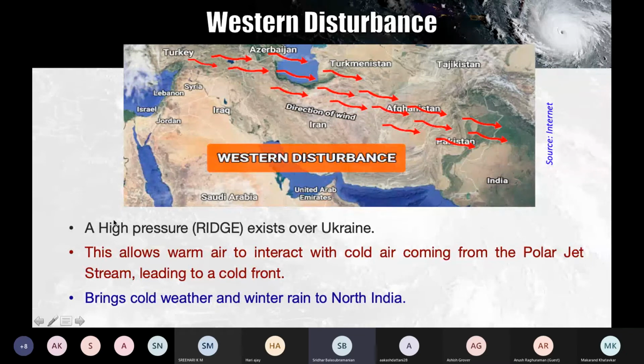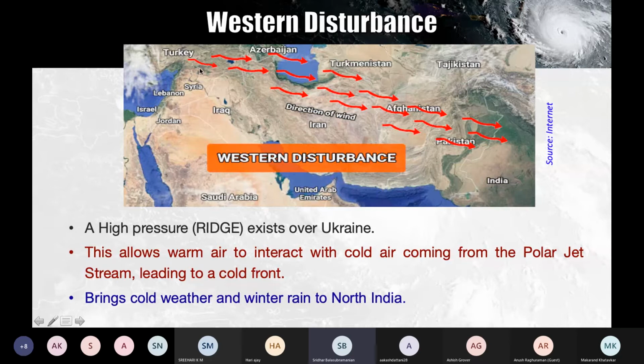So what this western disturbance actually does is, high pressure during the winter season, not a persistent high pressure, a high pressure which varies. Okay, so sometimes a high pressure exists over the Ukraine region, and that actually pushes the winds from the Mediterranean Sea all the way to India, coming through Afghanistan and Pakistan, and coming towards India.